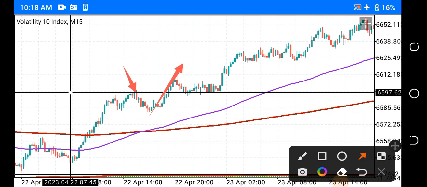Now it retraces back to this particular point. So I make my entry at this point and record the massive profits. So this is another great approach to make use of this particular moving average.